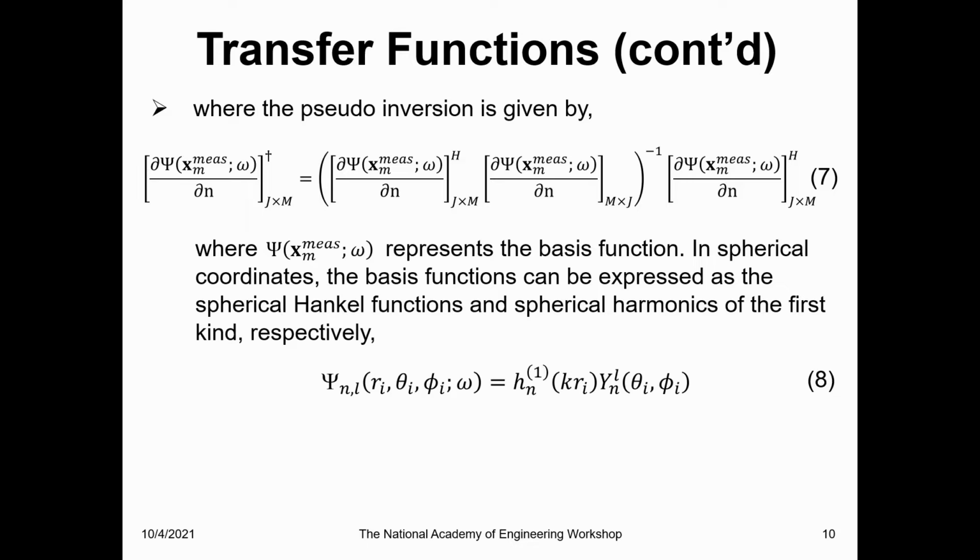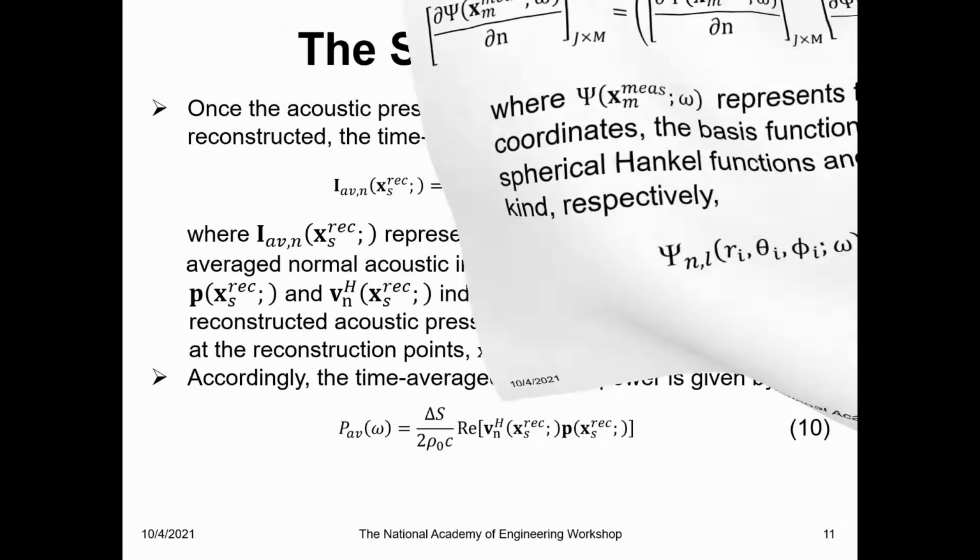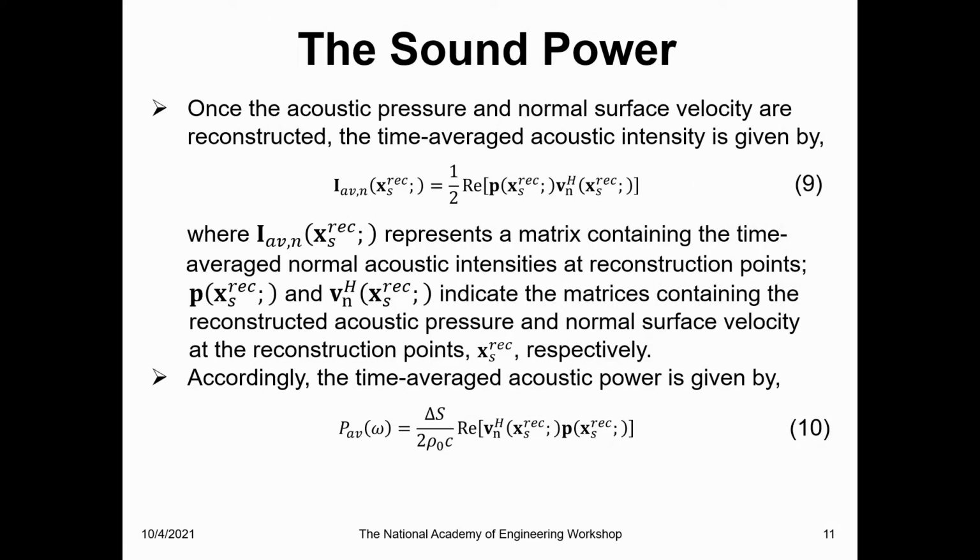In spherical coordinates, the basis functions can be expressed as the spherical Hankel functions and spherical harmonics of the first kind, respectively, as shown in equation 8. Once the acoustic pressure and normal surface velocity are reconstructed, we can write the time-averaged acoustic intensity as equation 9. Accordingly, the time-averaged acoustic power is given by equation 10.